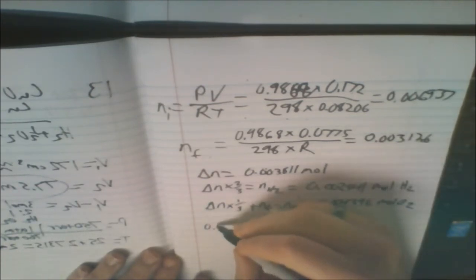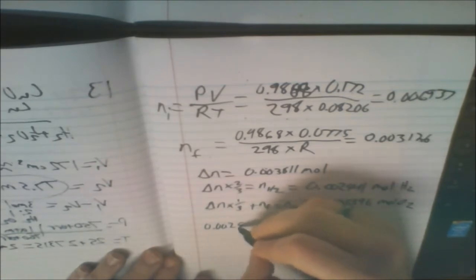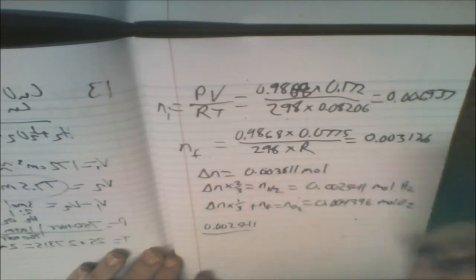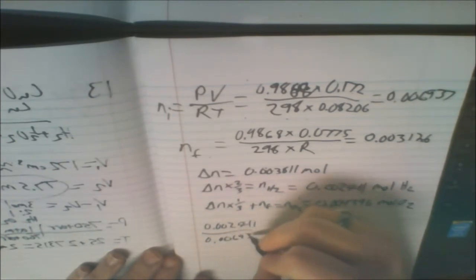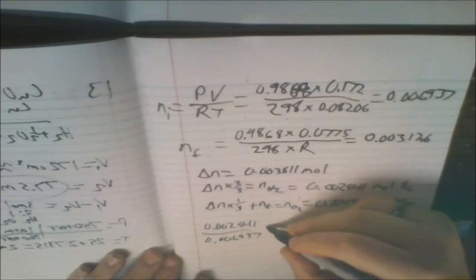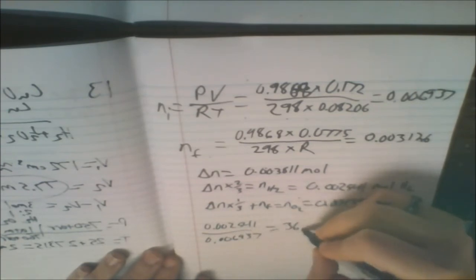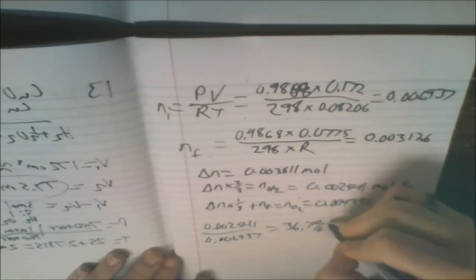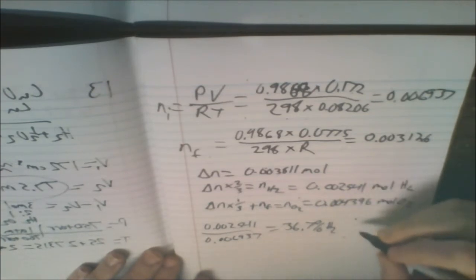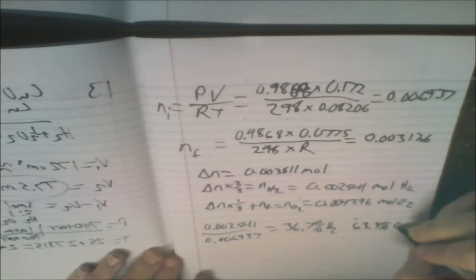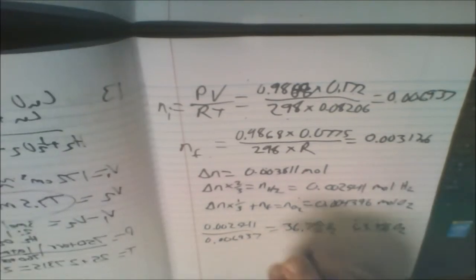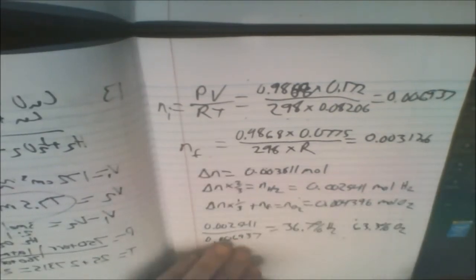So 0.002541 divided by our 0.006937. You get, what, 36.7% hydrogen, and that means it's 63.3% oxygen. So this was the first problem that was actually really rather hard.